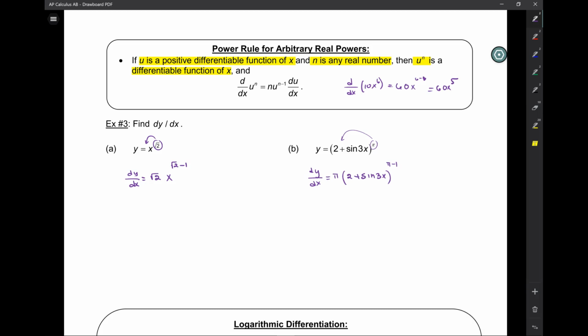It's pi minus 1 times the derivative of the inside, which is cosine 3x times 3. Okay? So this is 3 pi cosine 3x times 2 plus sine 3x to the pi minus 1.